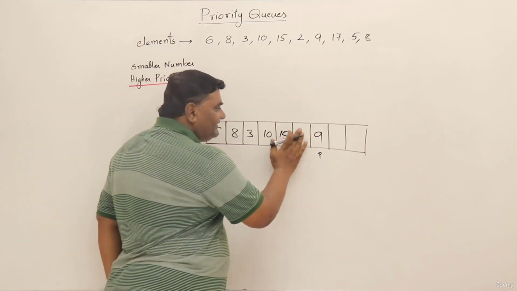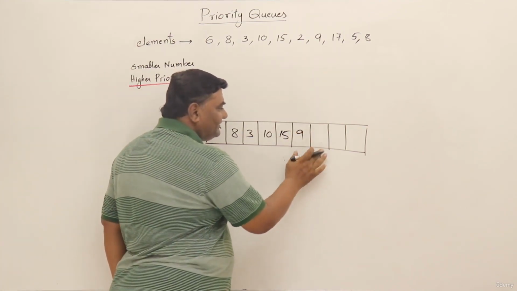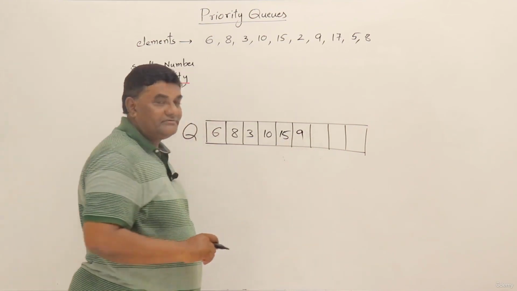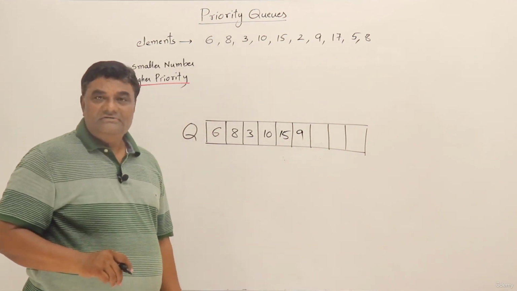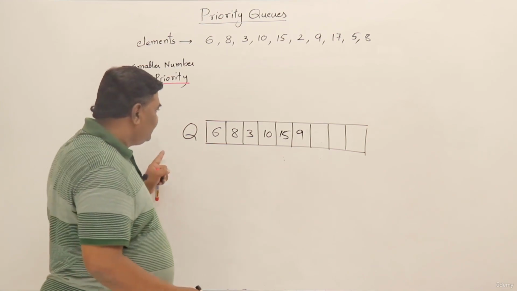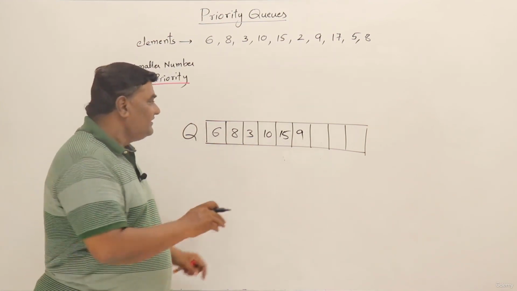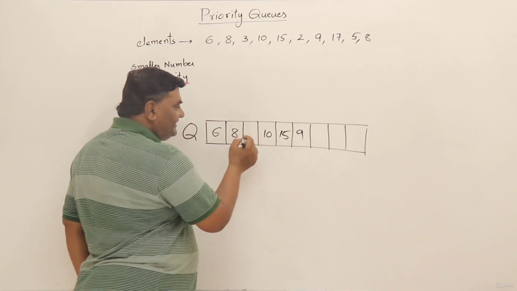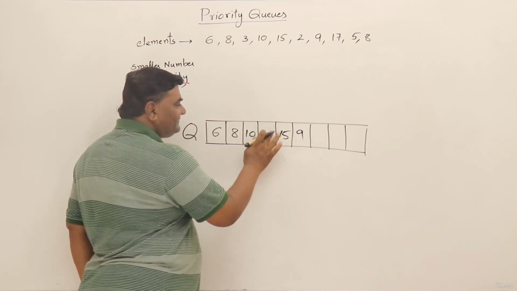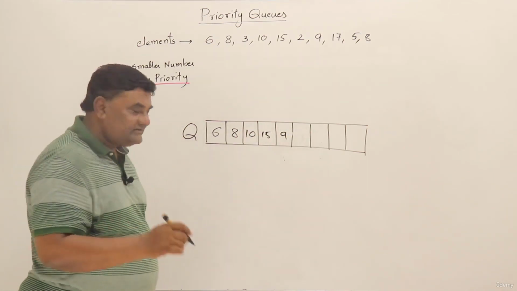Okay, after deleting this one, move 9 here because I have to shift the elements also. The next highest priority, search, which is minimum. This one, smaller number, higher priority. So delete this one. After deleting, also I have to shift the elements. So I have to do two things.